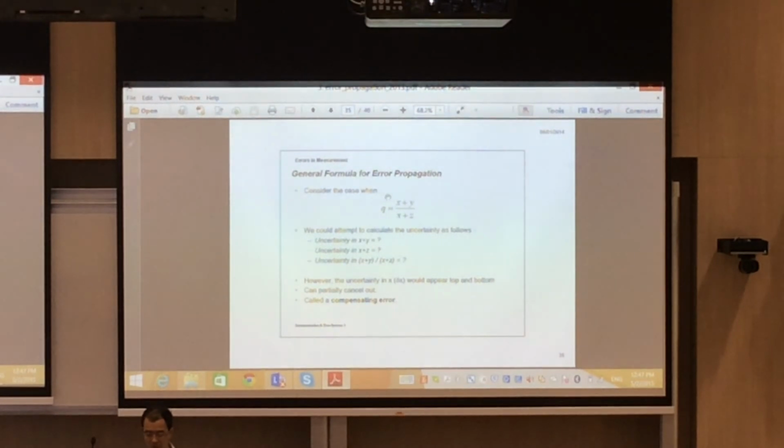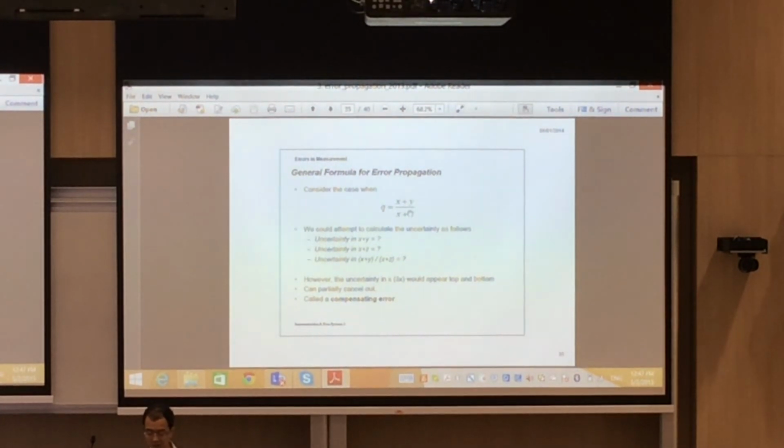Basically, you just calculate the uncertainties for x plus y first, which is summation, and then for x plus z, also summation. Then you calculate x plus y over x plus z. Now this becomes division, so this one you know how to do.